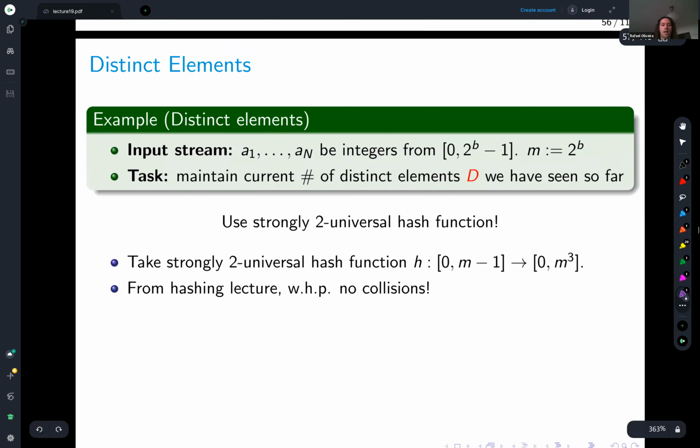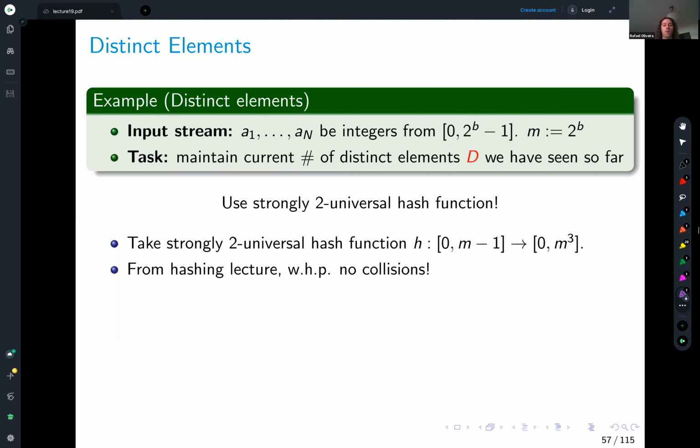From the hashing lecture, we know that if I hash elements to an even bigger size set, with high probability I have no collisions. A strongly 2-universal hash function maps any element uniformly at random to 0 up to m cubed.